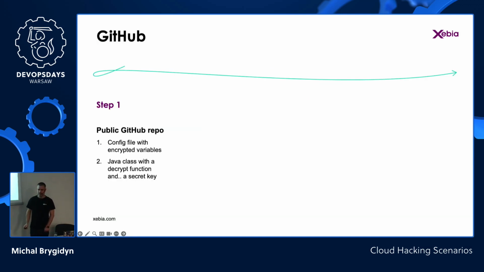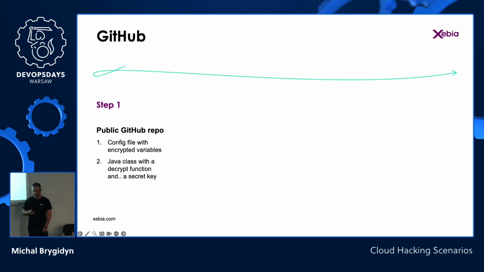Going back here, this one was more complex because the config file had variables with encrypted values. So, wow, something better, and I need to find a way to crack this encryption. In the same repository, in the file next to the config file, there was a Java file called encrypt decrypt something.